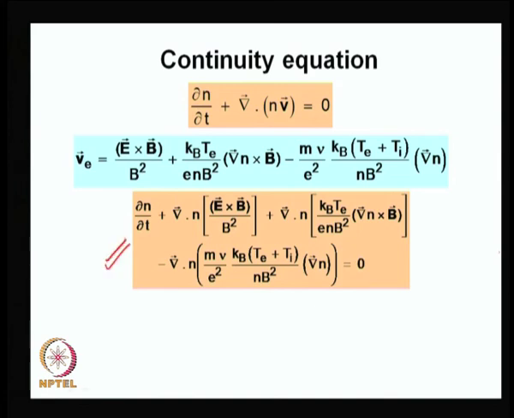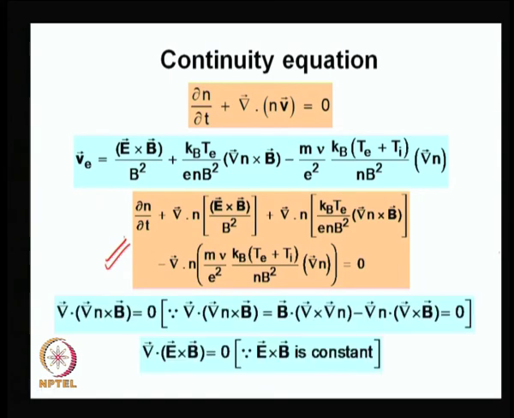Here you will know from the vector identities that del dot del n cross B is 0. I have shown you the vector identity. Del dot E cross B is also 0 since E cross B is constant.